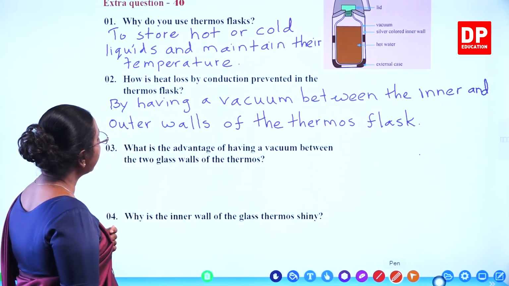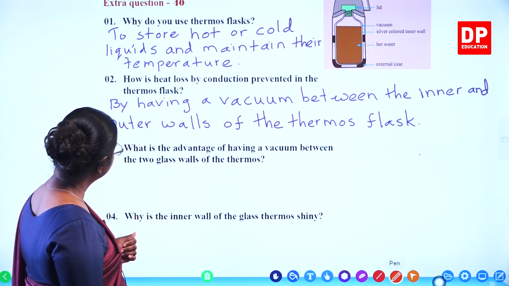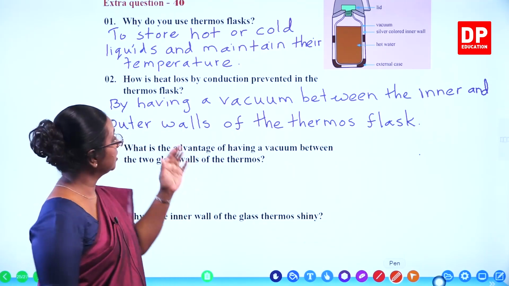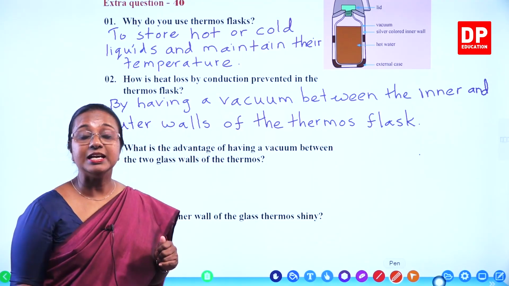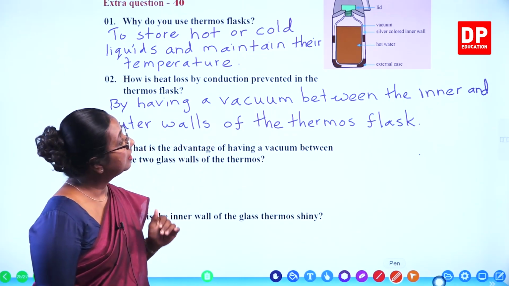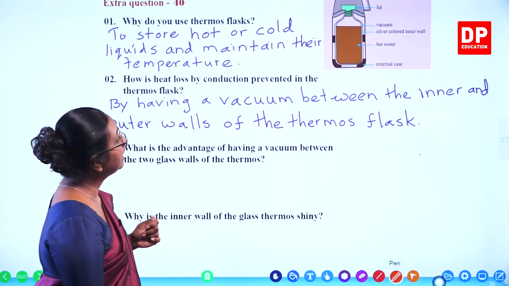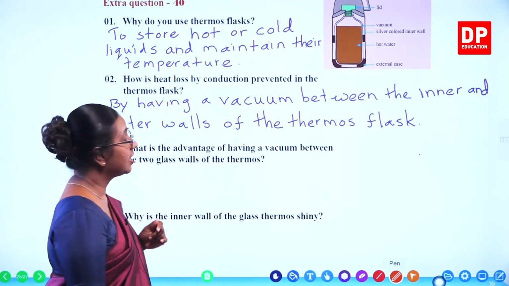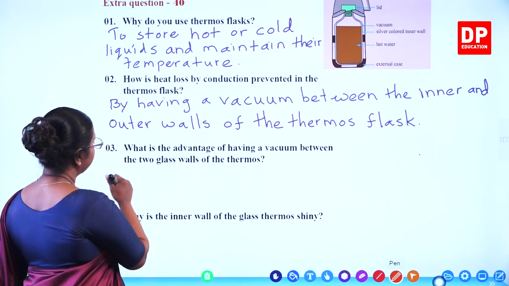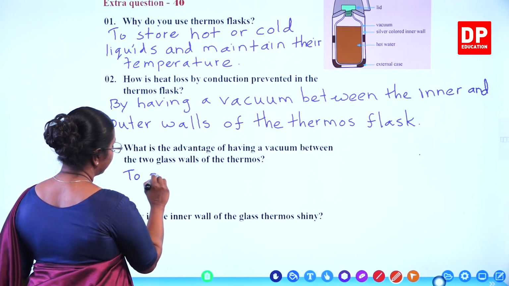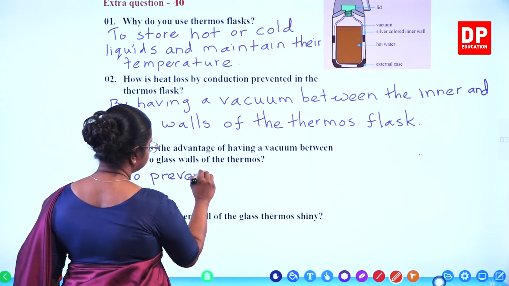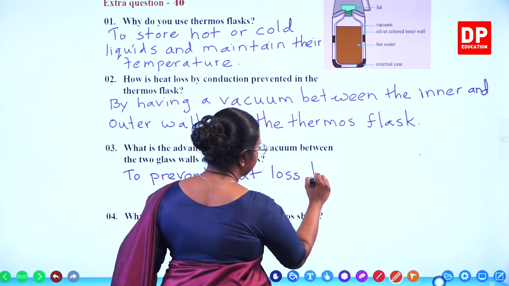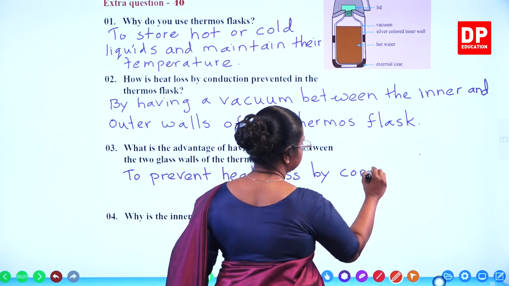What is the advantage of having a vacuum between the two glass walls of the thermos? Again, we have answered a similar question. Why? To prevent heat loss by conduction. So the same technique is used in the thermos flask, and they can ask the question in different ways. So that is what is given to you here. So here we have to say, to prevent heat loss by conduction.